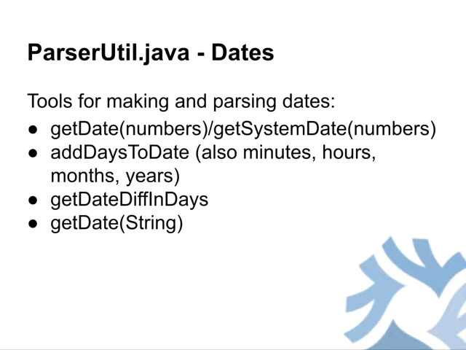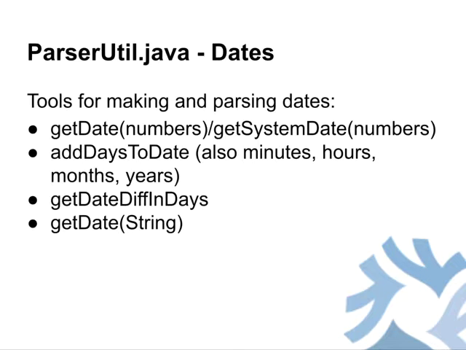The first set of tools deals with dates, for making and parsing dates. For those, there are 5 methods that are used most of the time: getDate or getSystemDate, and I'll talk about the difference between the two of those later. AddDays.toDate, also available AddMinutes.toDate, AddHoursToDate, AddMonths.toDate, AddYears.toDate, where you would pass a date and an integer object and it would add it to it.